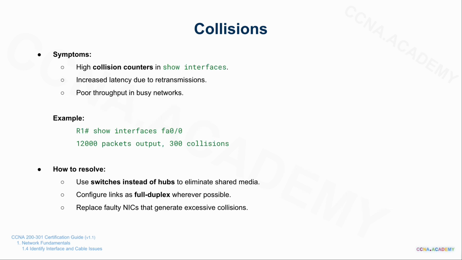You'll know there's a problem if collision counters in show interfaces increase, performance slows down, or retransmissions become frequent. A healthy full duplex link should show 0 collisions. If collisions appear, the solution is to eliminate hubs, configure full duplex correctly, or replace faulty NICs.